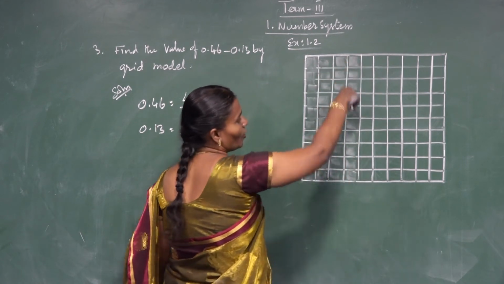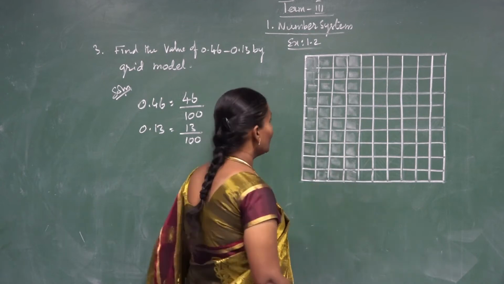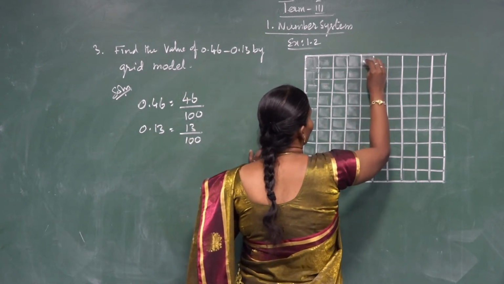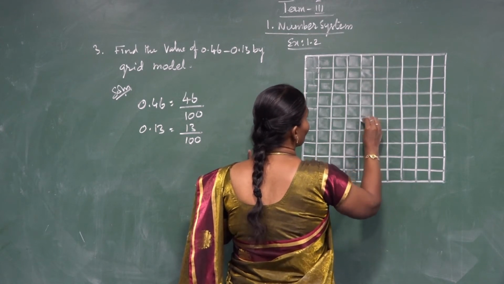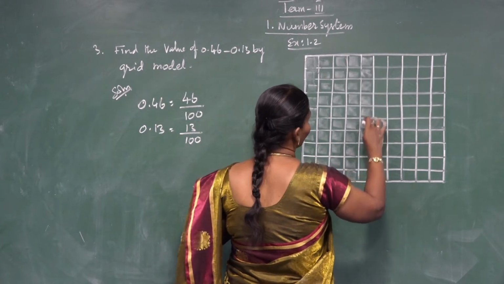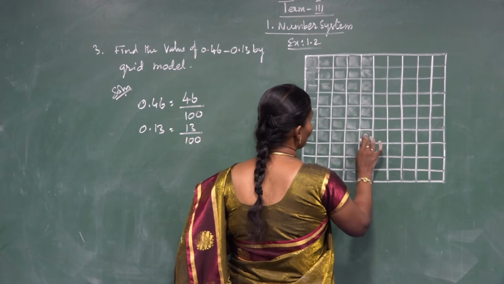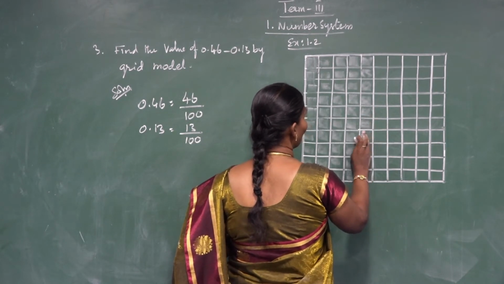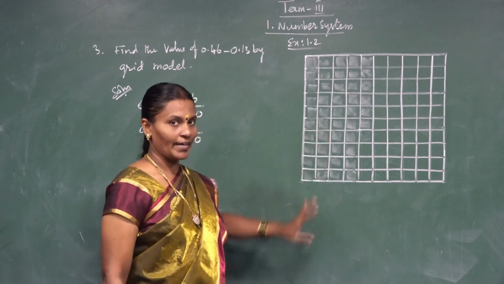Here 4 columns shaded. So that is 40 boxes are shaded. Remaining 6. See, in 5th column you have to shade 6 boxes. Okay, this is the 6. 6 boxes are shaded. Now see totally 46 boxes are shaded.